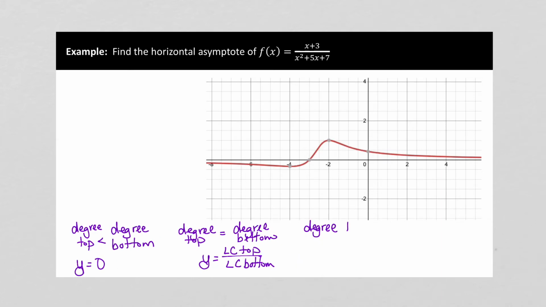And if the degree of the top is greater than the degree of the bottom, then there's no horizontal asymptote.